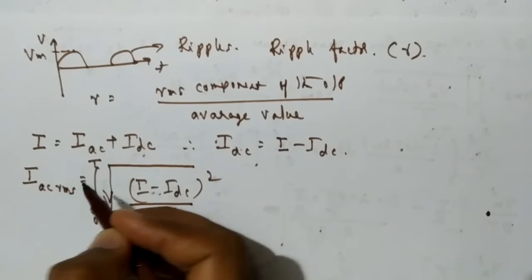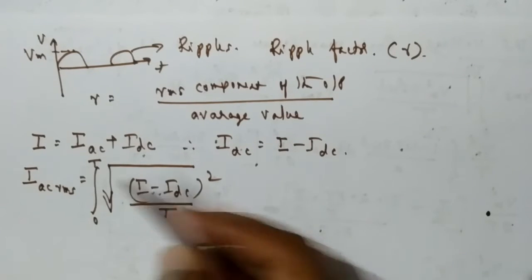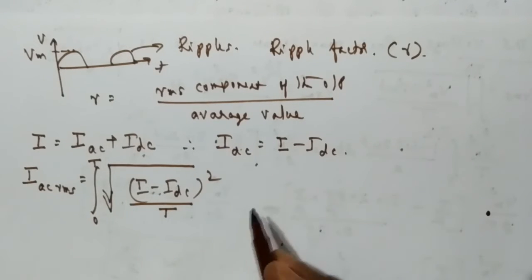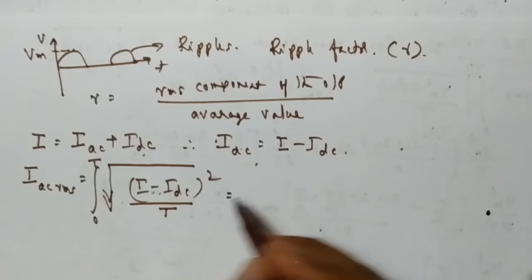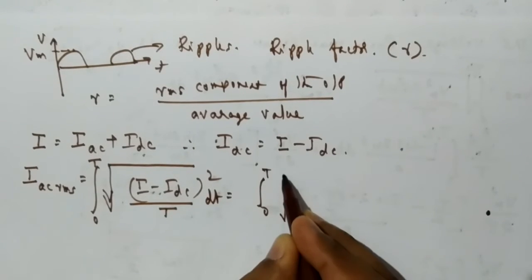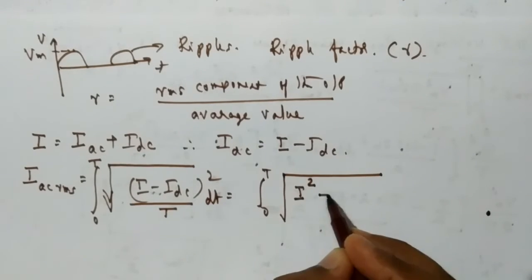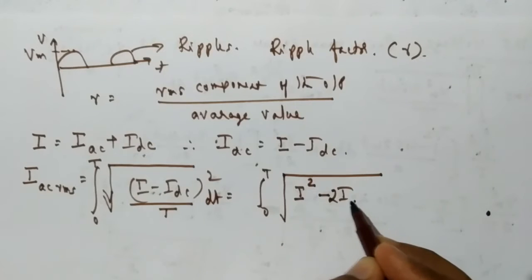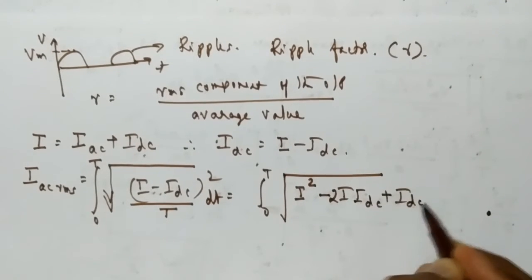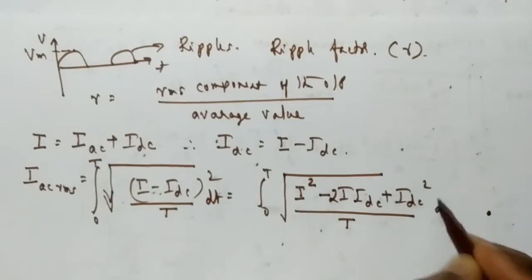First I will derive the expression in general. I will not write it as T by 2, it is T. Later we will approximate this with respect to the half wave rectifier. Now this is equal to the square root of, this is dt, 0 to T, of I square minus 2I into IDC plus IDC square, A minus B whole square, divided by T dt.